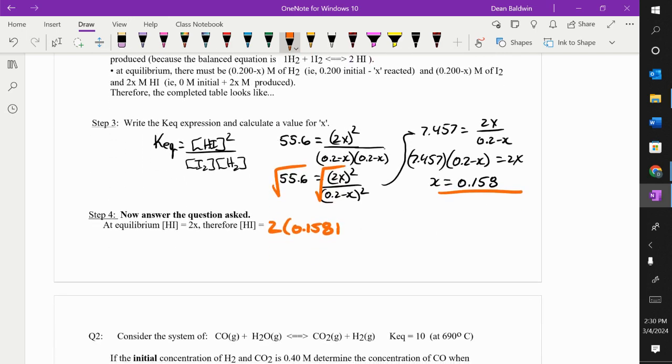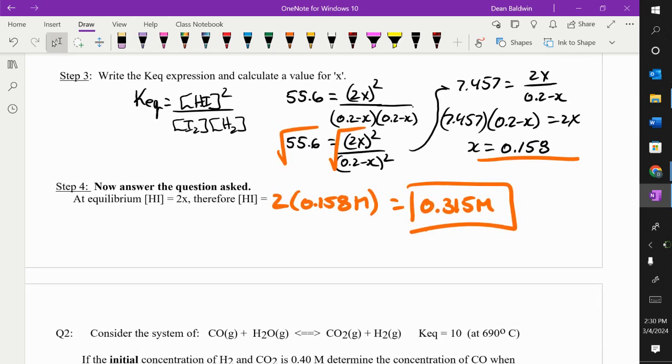So 2 times 0.158 molar gives me 0.315 as the concentration of HI. I probably rounded incorrectly. If you put 0.316, I'm fine. Since it has an 8 on the end, I'm going to bet that it's a 6. So that makes way more sense.